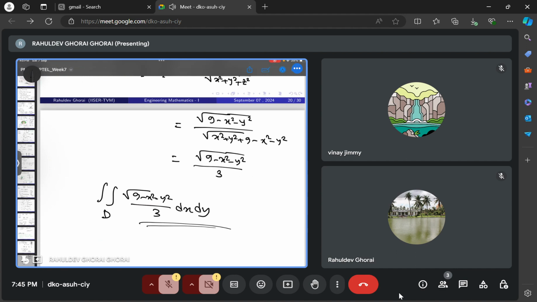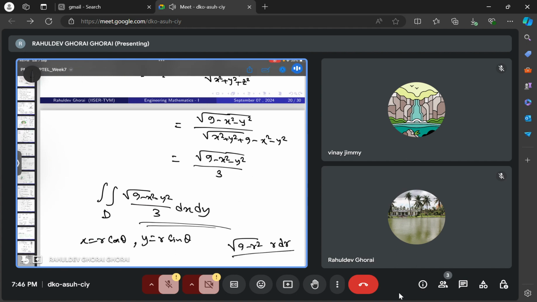So here you choose x equal to r cos theta, y equal to r sin theta, right? And x square plus y square will then be r square. So it becomes a one-dimensional integration, right? The integration becomes 9 minus r square times r dr d theta.